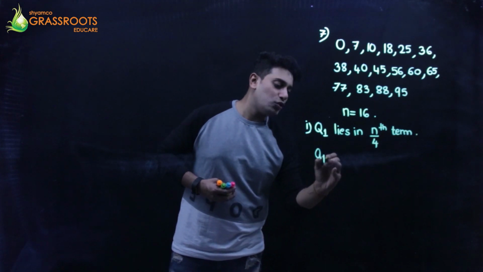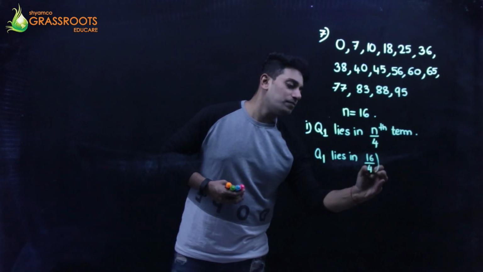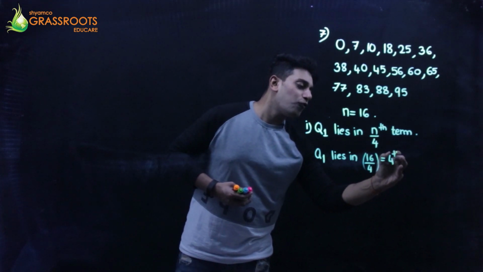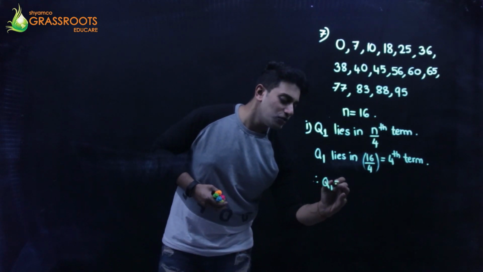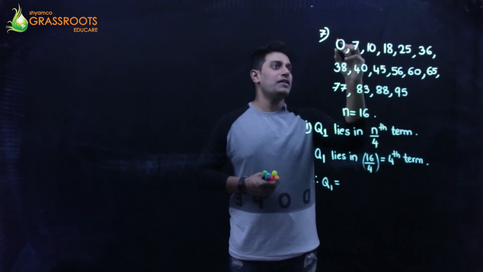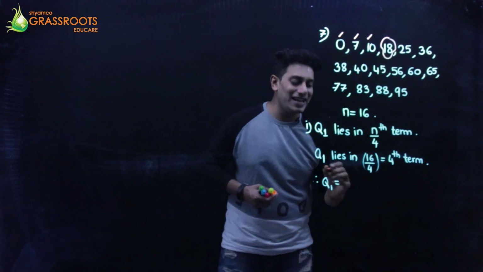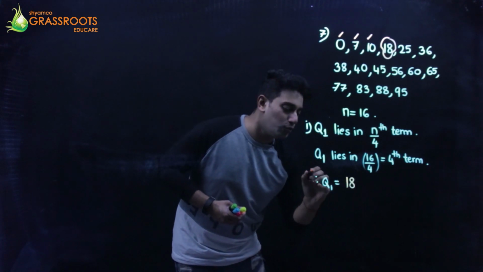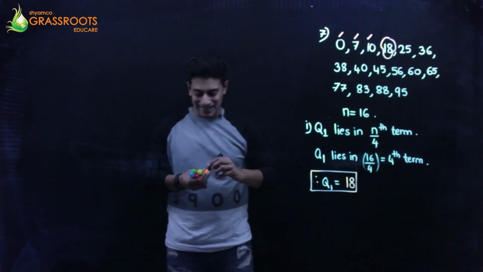So Q1 lies in 16 by 4, which is the 4th observation. The data is in ascending order: first, second, third and fourth. So 18 is my answer of Q1 because it is the 4th observation.